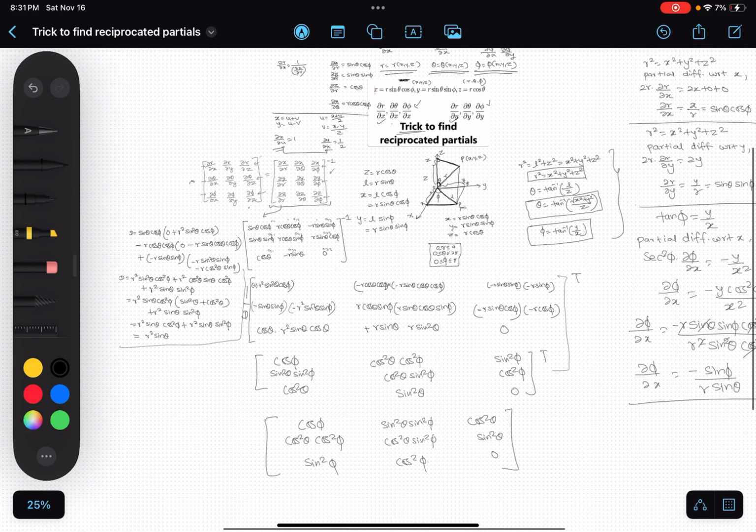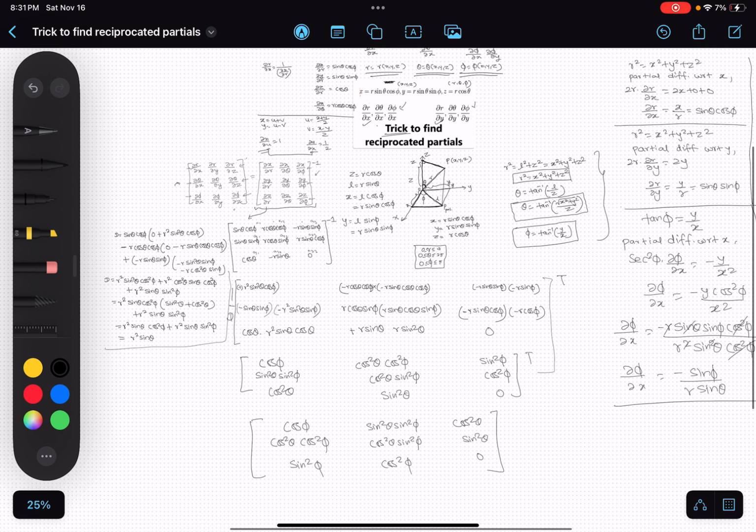Guys, does this match the answer? I don't know. Why does it look like it doesn't, huh? Okay, let me just open my laptop and check the answers. Okay, guys, why doesn't it match? It doesn't match, right?